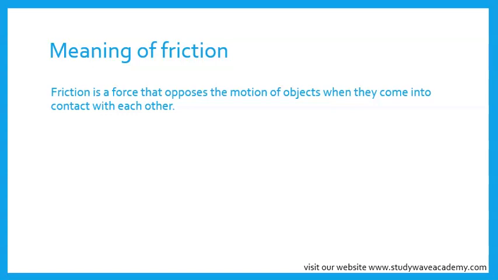Friction can slow things down, help us grip surfaces, and even create heat when objects rub against each other.